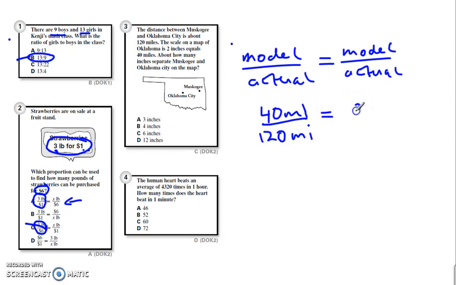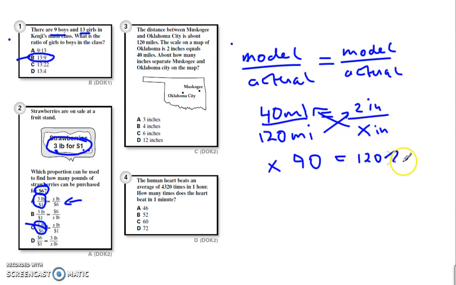And then in the model, 2 inches is X inches in the actual. So then we would cross multiply that, and you'd get X times 40 is 120 times 2, and then divide by 40 on each side, and you get C, 6 inches.